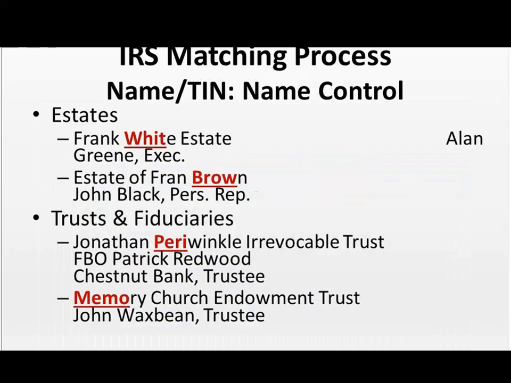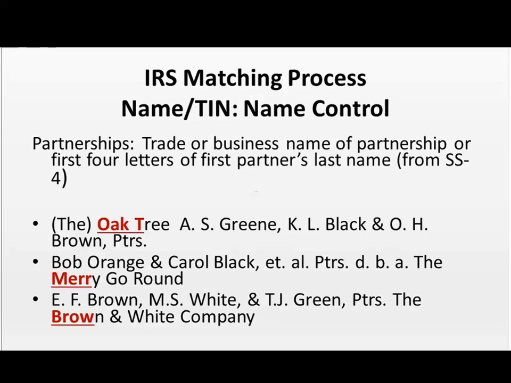Estates is going to be first four letters of the last name of the decedent. Trust and fiduciaries, first four letters of the grantor or the name of the trust. Partnerships, the trade or business name of the partnership or the first four letters of the first partner's last name. And this is from the SS-4 that they issued, so they should know what that is.